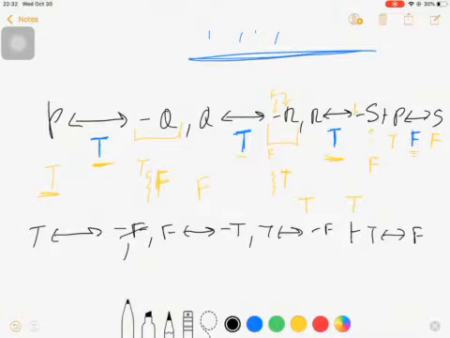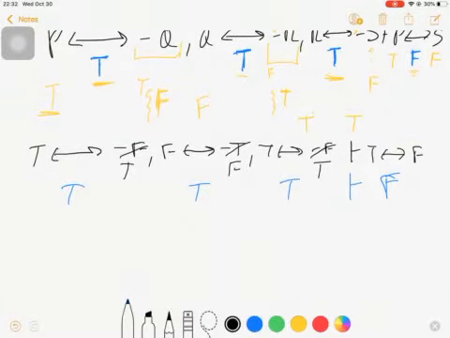Well, that turns into a true, that turns into a false, that turns into true, and let's go ahead and check the value that we end up getting out of the biconditional double arrow. Well, that's true, that's true, that's true, and again, they're all true because they match. And then finally, for our conclusion, that's false because they don't match.